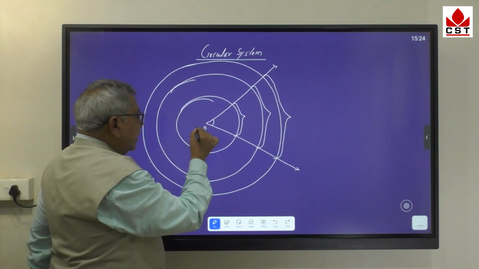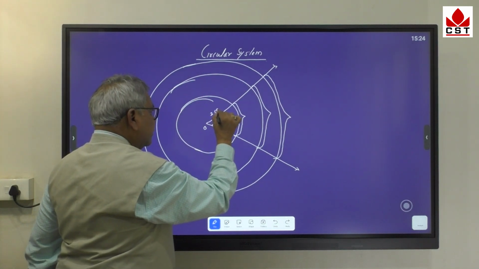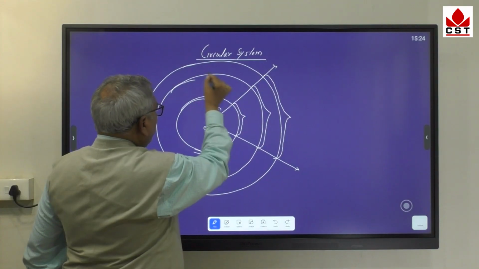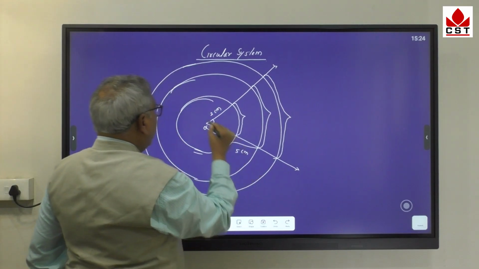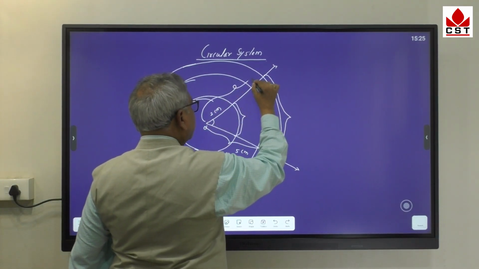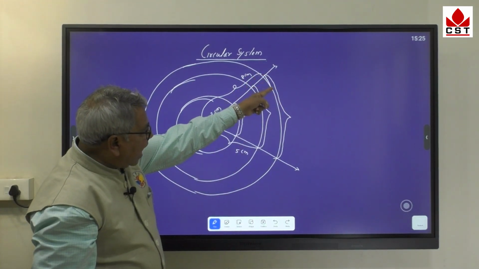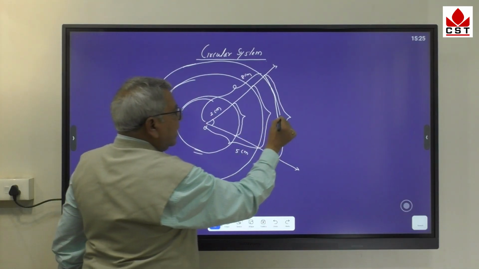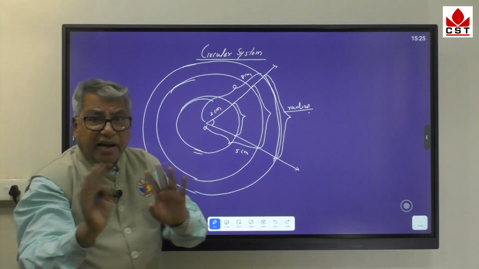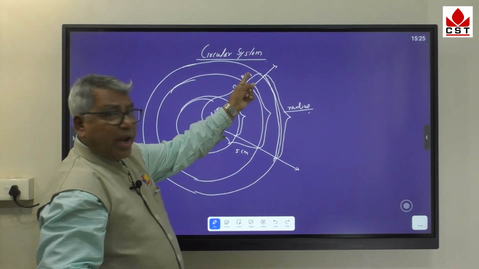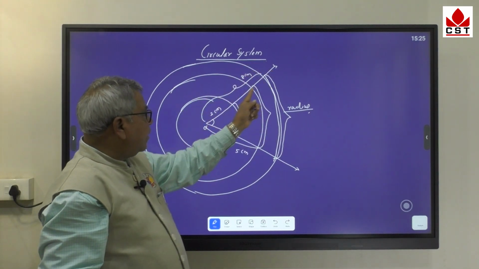See that. If the radius of this circle is 2 centimeter, the radius of the second circle is say 5 centimeter, and this one has a radius of 8 centimeter, the arc length is equal to the radius. If the radius is 8 centimeter, the arc length is 8 centimeter.